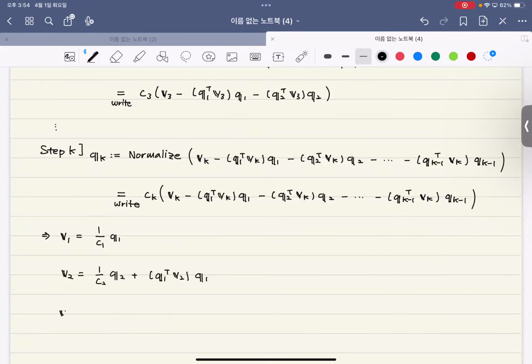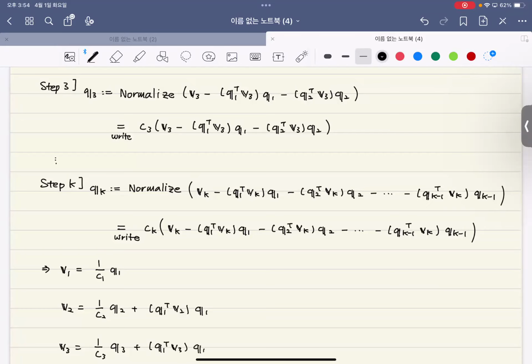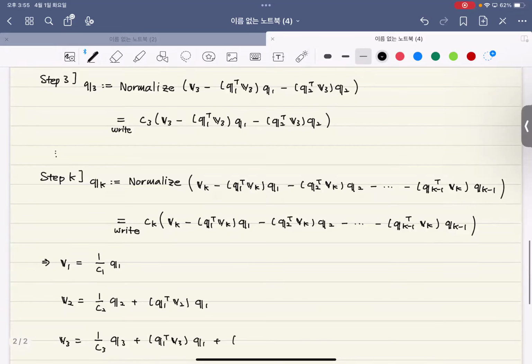I know this is getting a little bit tedious, but let me try just one more step. Solving this equation for V3, I have 1 over C3 times Q3 plus Q1 transpose V3 Q1 plus Q2 transpose V3 Q2. Okay, great.